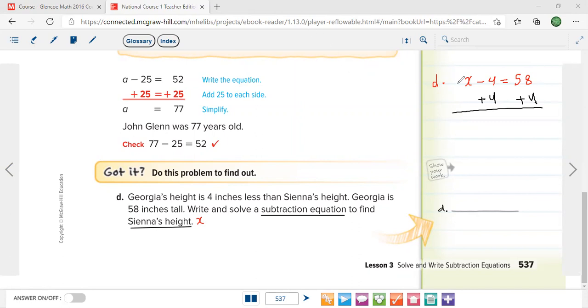Then you know that plus 4 will cancel minus 4, and the x remains in the left-hand side alone. So 58 plus 4, this will give you 62 inches tall. So, moving on.